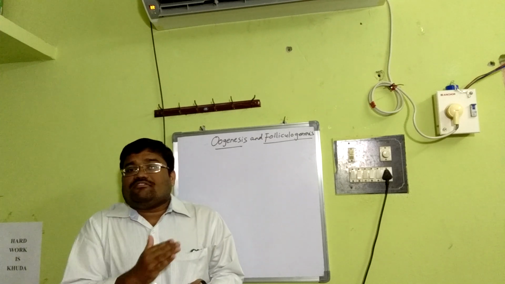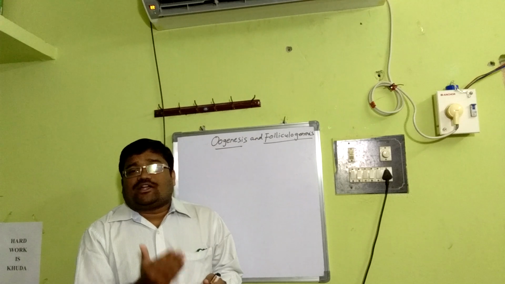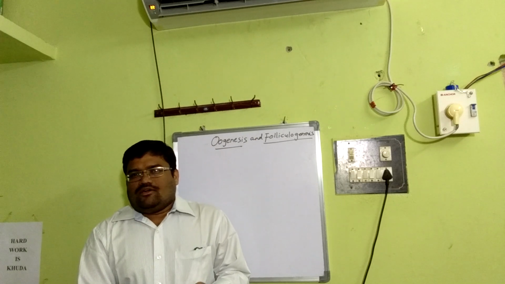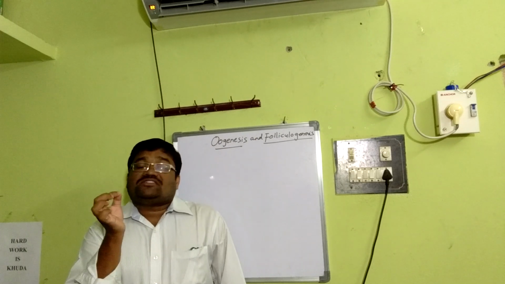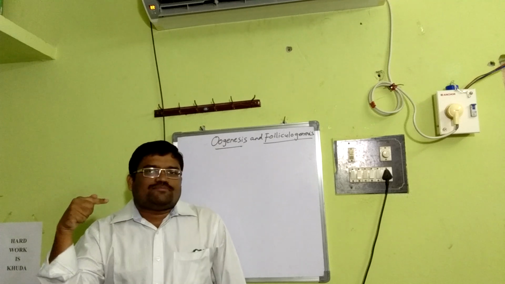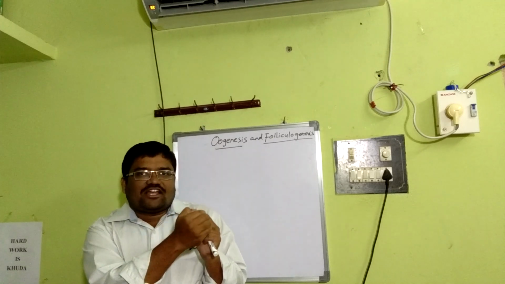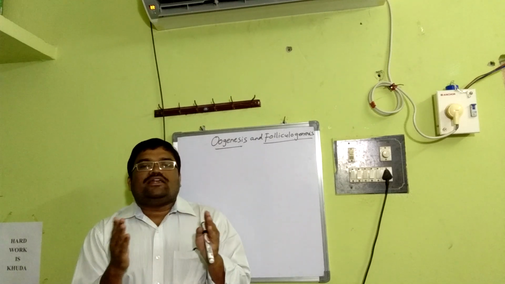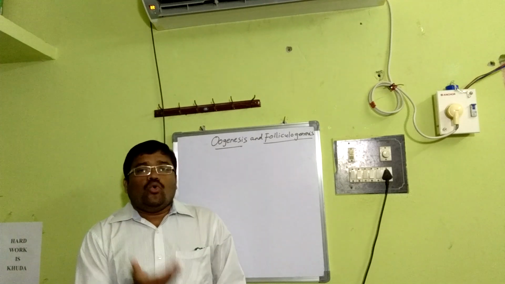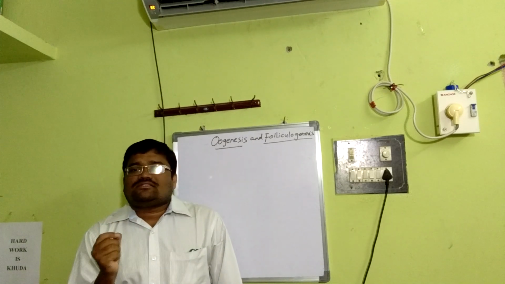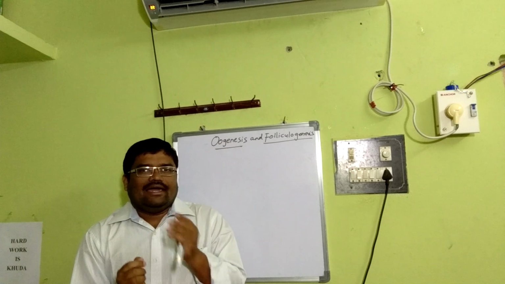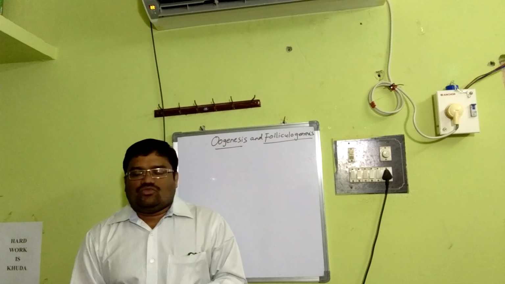When the sperm penetrates, based on stimulation by the sperm, it will continue meiosis 2 and ultimately lead to the egg. The creation of egg or ovum from the germ cells is oogenesis.